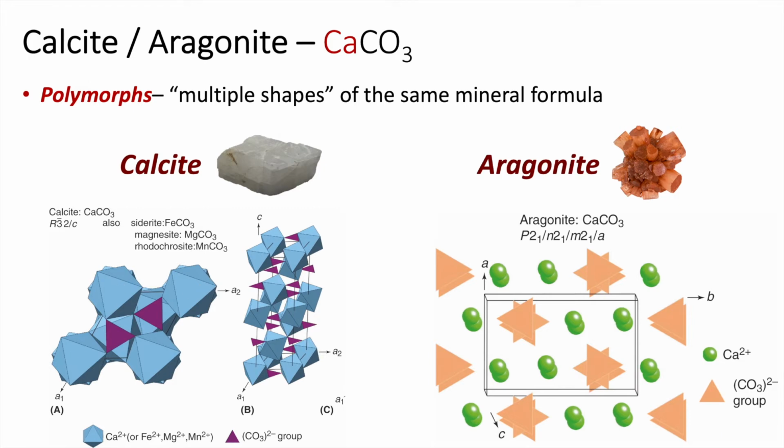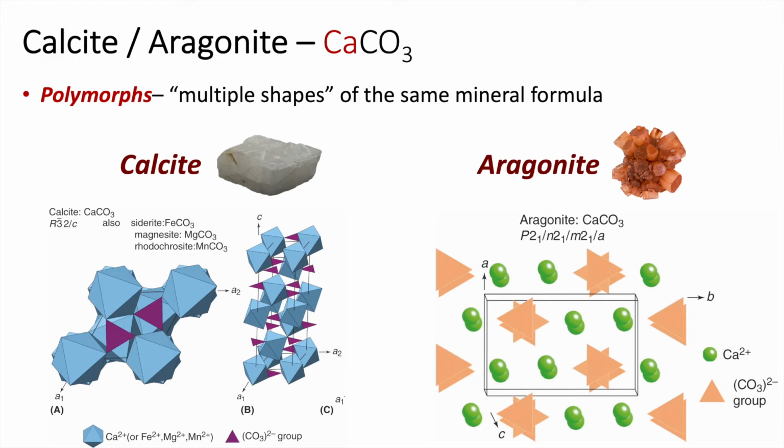And so you'll notice here it also lists a couple of other mineral formulas. We've got siderite, FeCO3, magnesite, MgCO3, and rhodochrosite, MnCO3. And so each of those three other minerals is what we call isostructural to the calcite structure. So this isostructural is the exact opposite of a polymorph.